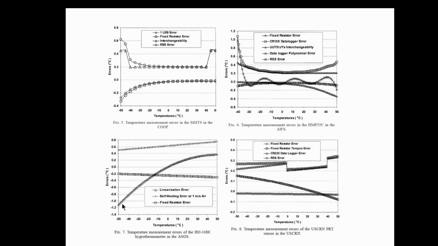And here we have on the bottom left a minus 1.2 degrees centigrade error for some components. So basically what this says is, depending on temperature, like we saw before, your accuracy can vary, but it can also be not what you expect it to be from the manufacturer's specifications.